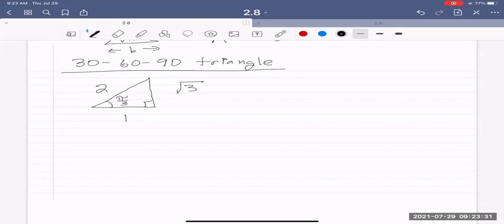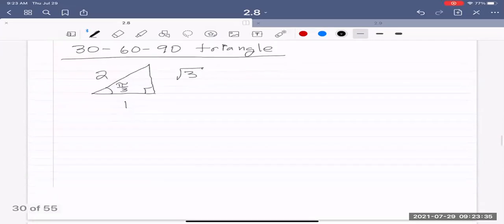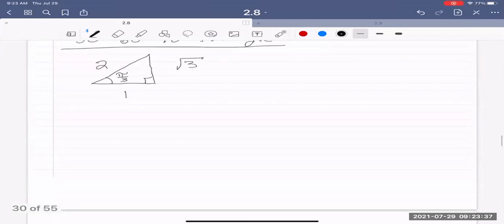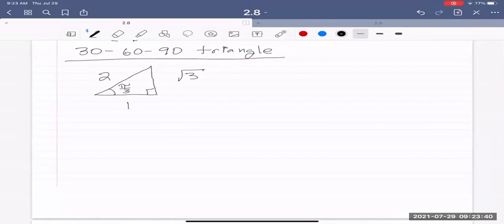Okay, so a 30, 60, 90 triangle. I could have put 1 here, actually, not that it really matters. Maybe I will write it this way: as a 1, 1/2, root 3 over 2. And so that's your 30, 60, 90 triangle.